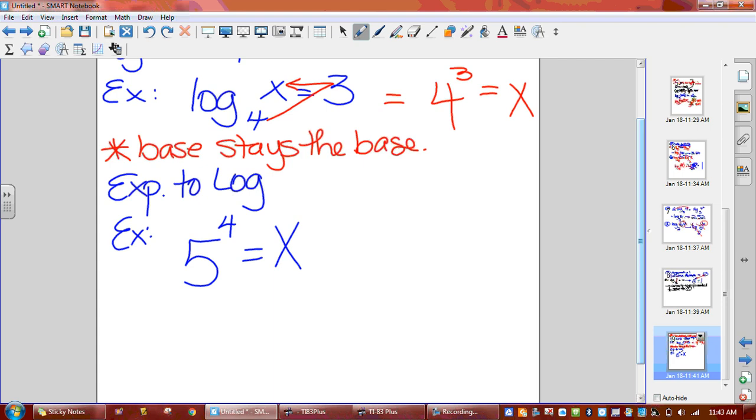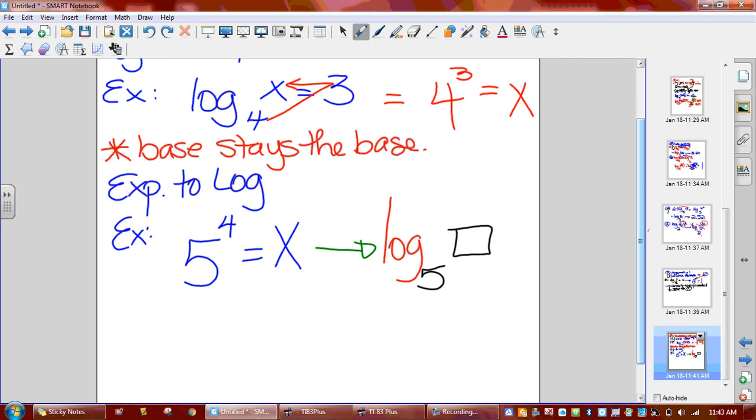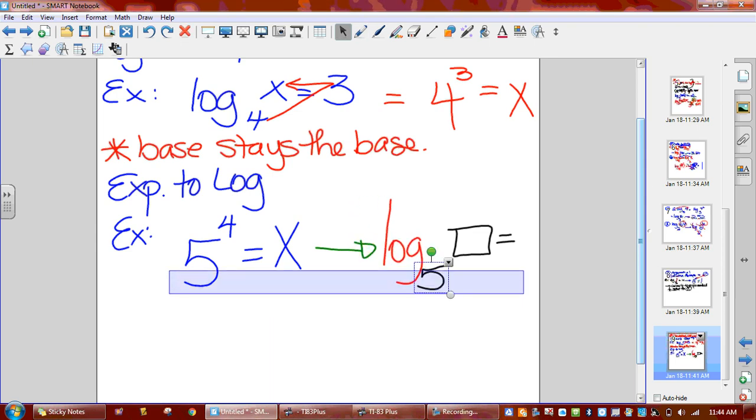And I want to know how to change that. First step, you write the word log. Second step, you put the base number down by the G tail. Okay, it's got to go way down by the tail. Then you've got 2 spots left.